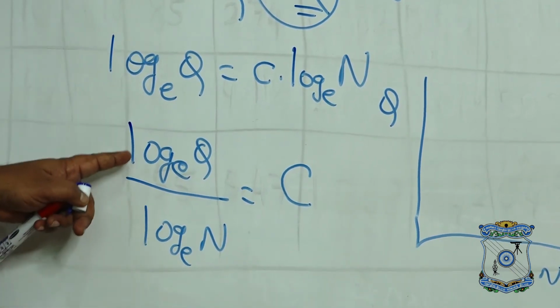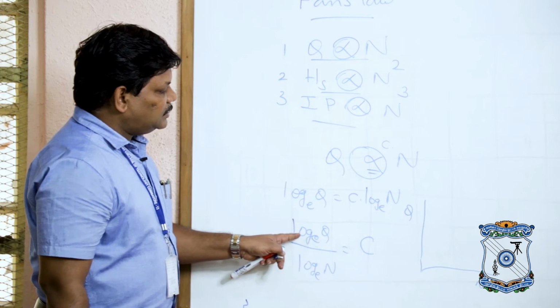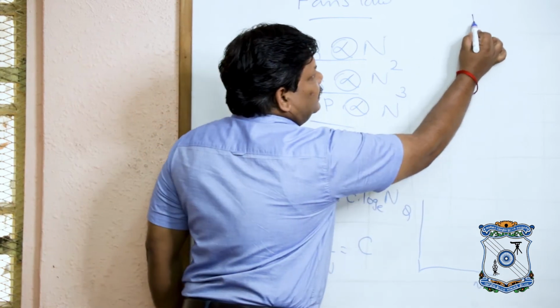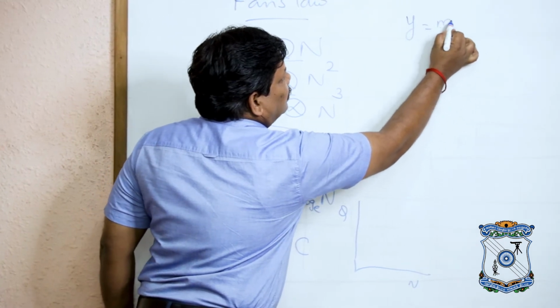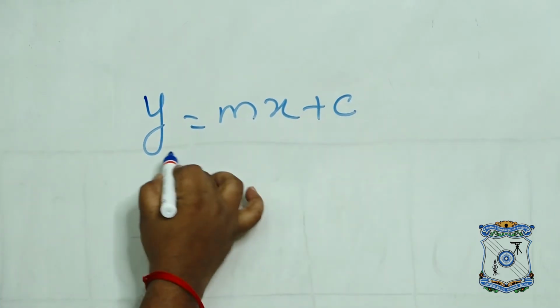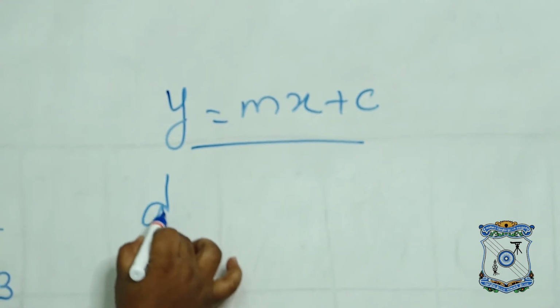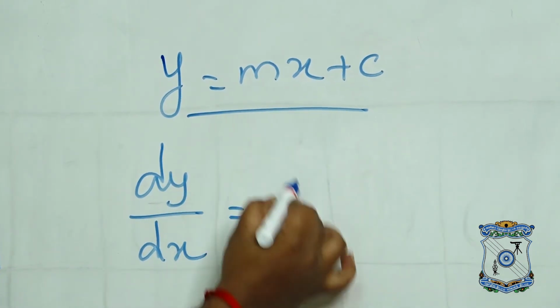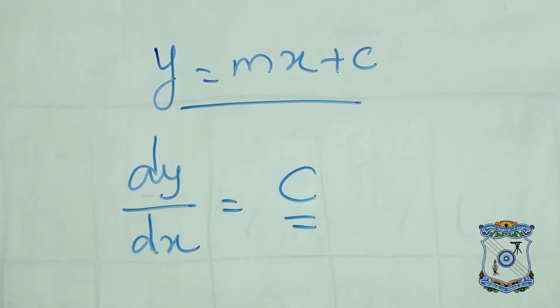If you want to verify this in a graph, this is nothing but y is equal to mx plus c. From this, if you go for the first derivative, dy by dx, this will be equal to a constant.